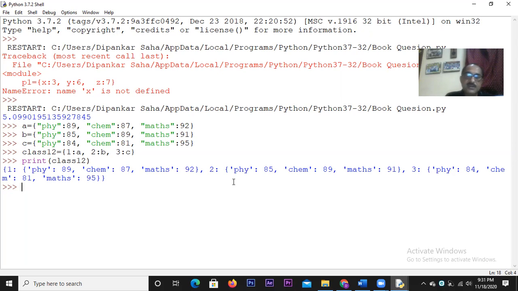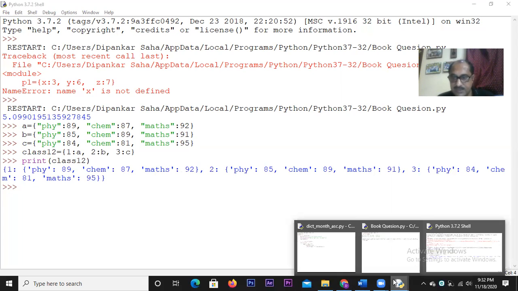So this is how a nested form of dictionary can also be possible. But the nesting will obviously happen in the value part, not in the key part, because the key has to be something which is immutable, right? So therefore, only the value part can be the nested form of the dictionary. That is one thing I just wanted to tell you.